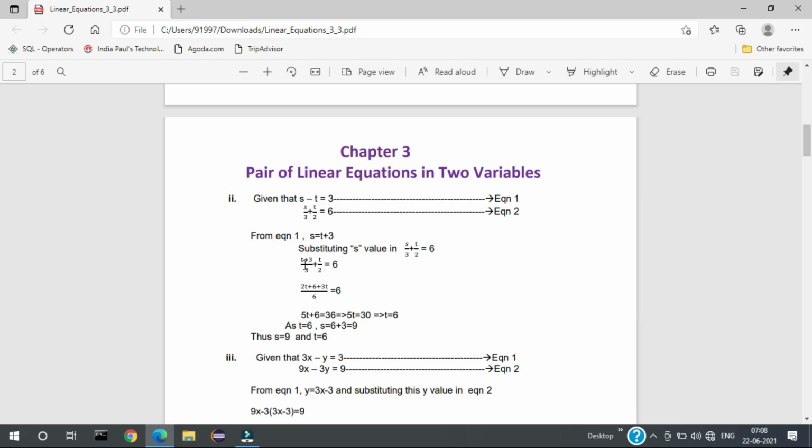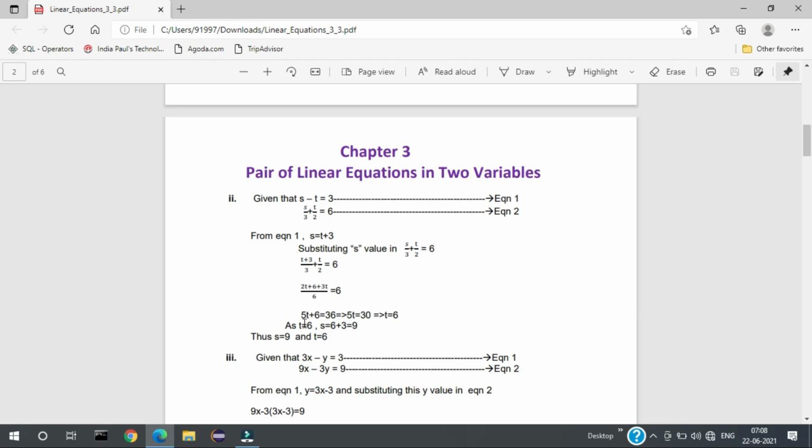So substituting s value here in terms of t, (t plus 3) by 3 plus t by 2 equals 6. 6 LCM is 6. So 2t plus 6 plus 3t equals 6.